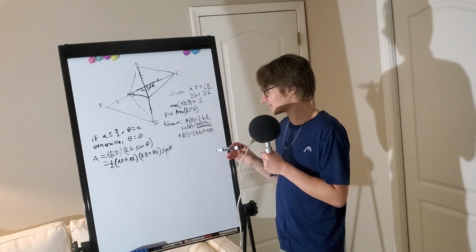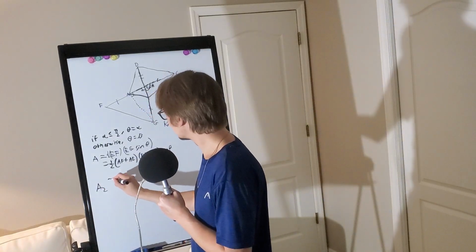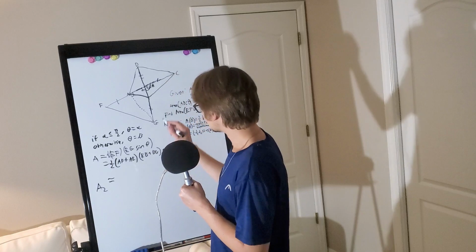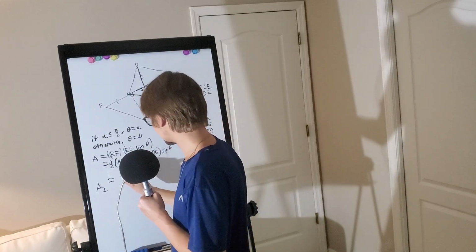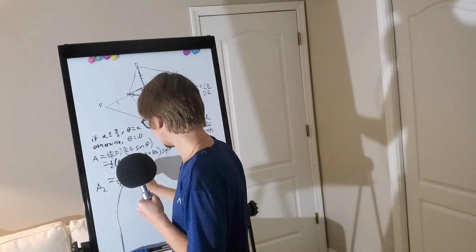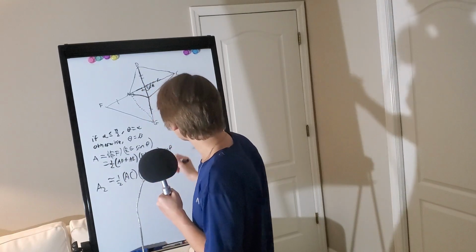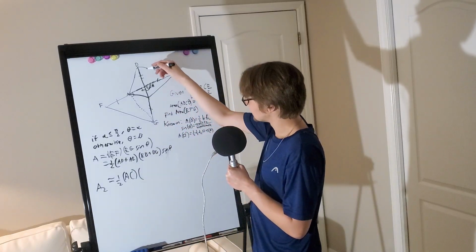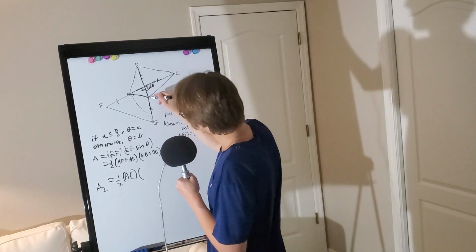So then we have A2 equals the length of one diagonal, which is AC, times a half, times the length of the other diagonal, which is DB. Oh, that's odd.